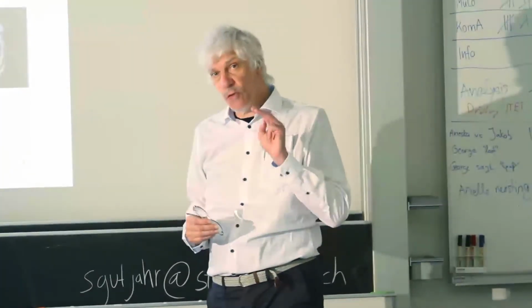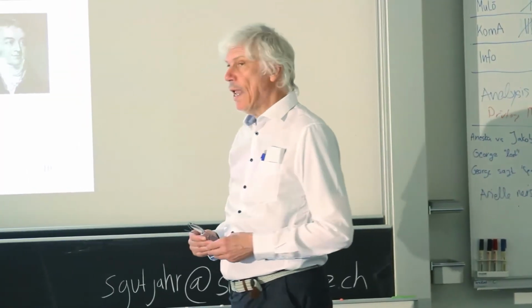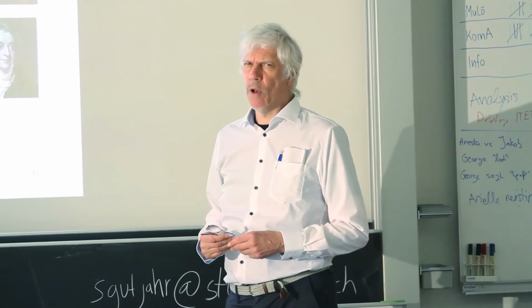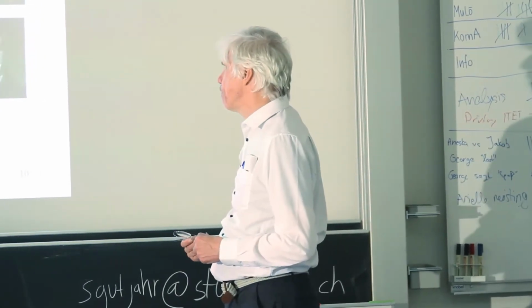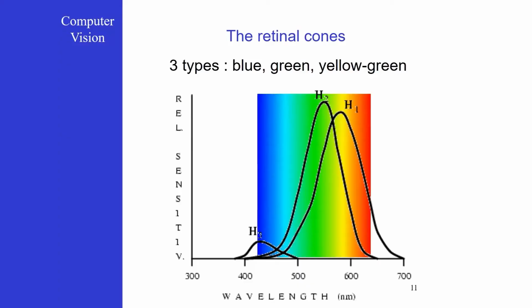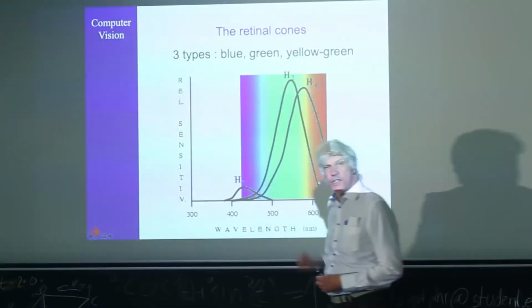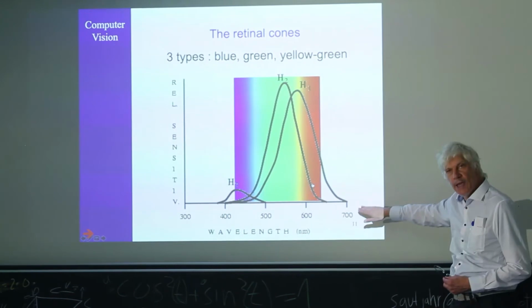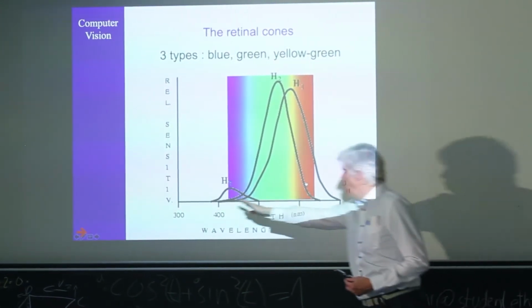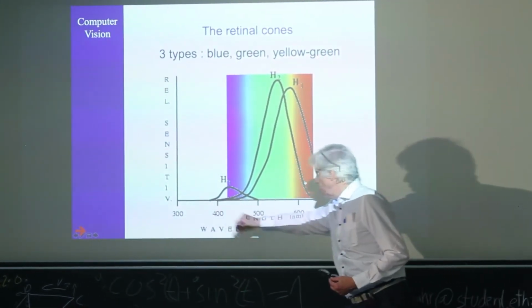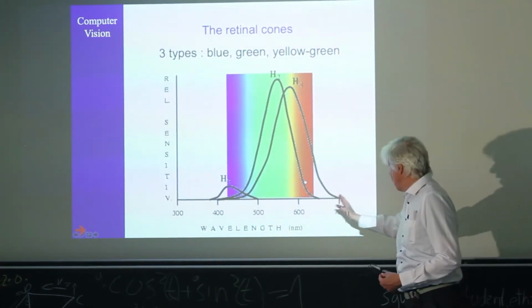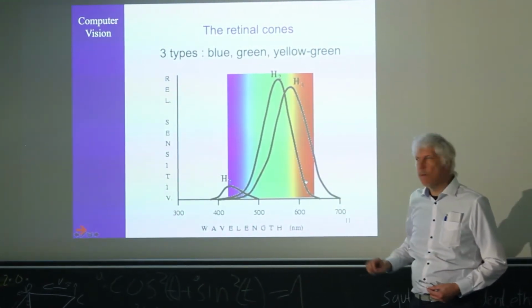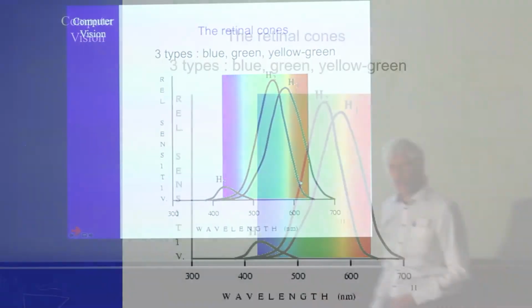There are only 3 of these cone types in the human eye, and in most mammal eyes as well. And here they are. So vertically, you have relative sensitivity to the different wavelengths, which you find horizontally here. Again, we go from low to high, from bluish, 420 or so nanometers, up to 700 something nanometers, red. This is only a part that's being shown in color.